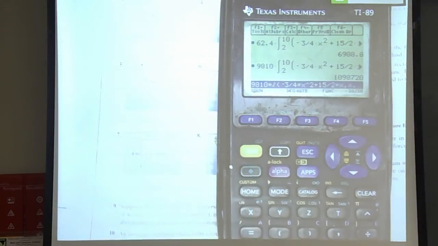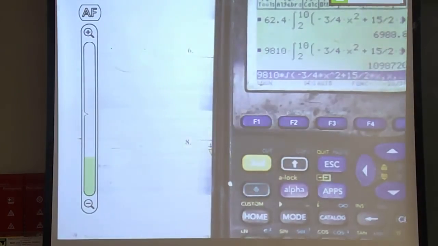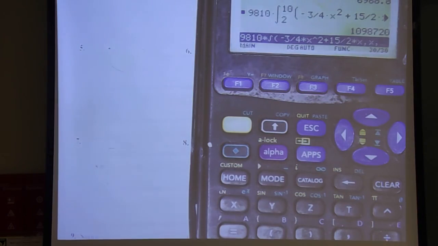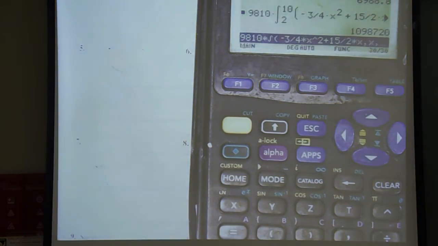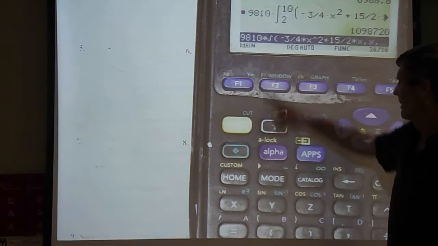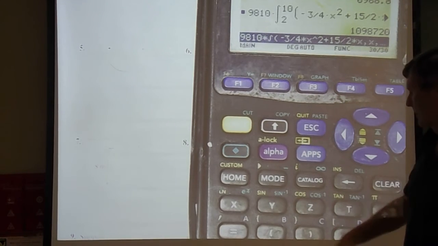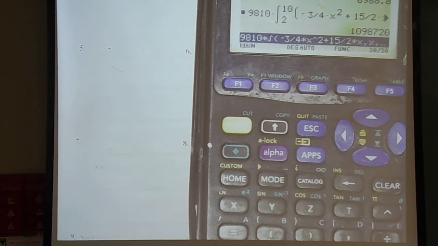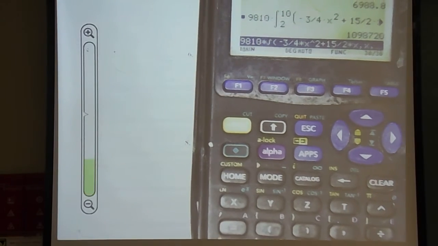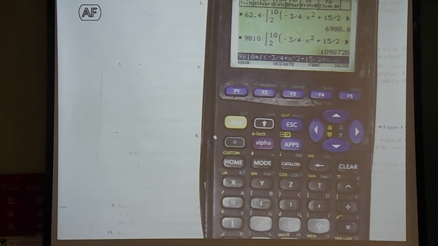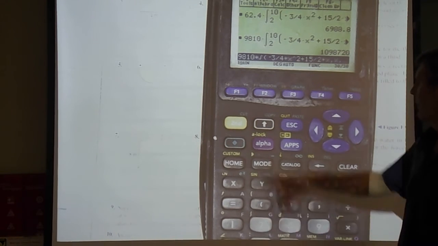Here's what you can do in your calculator to do those simple integrals, just to remind you. I just put in this command, 9810, from the keyboard, times, and to get the integral, you just push second 7. Maybe I better zoom that out just a little. It has the integral sign in yellow over the top.